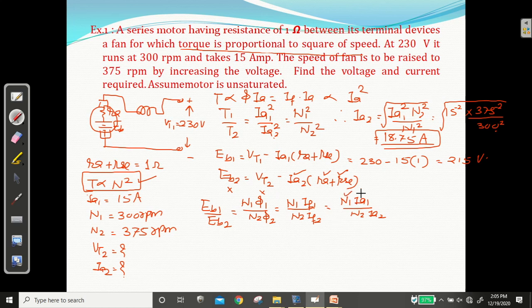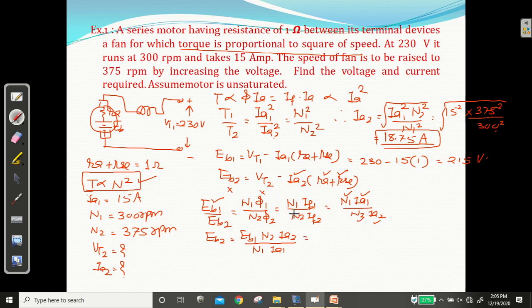So all these things are known. You can calculate EB2. EB2 equals EB1 into N2 into IA2 upon N1 IA1.